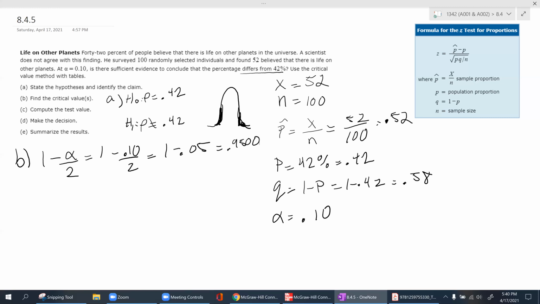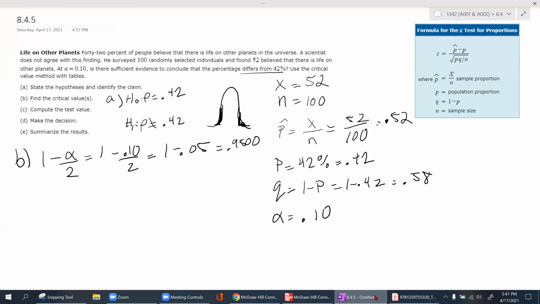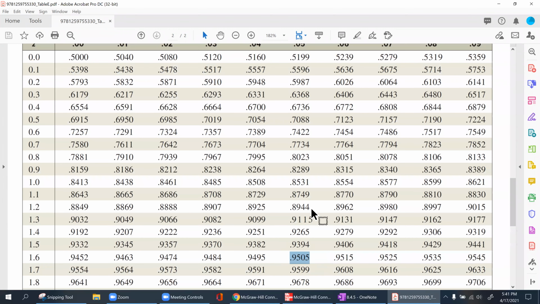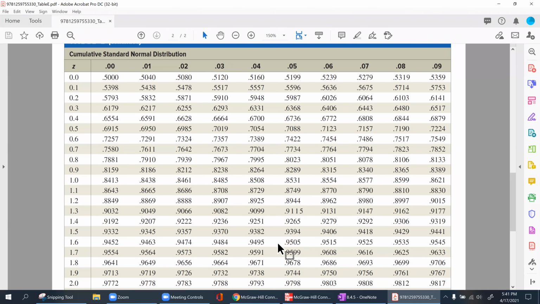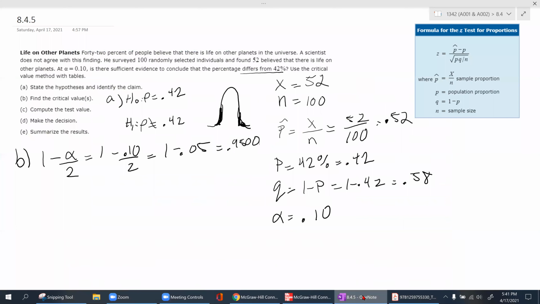And just like before, you're going to get your z table, table E, and find 0.9500 in there. You'd find that it's not exactly in between these two, but it is closer to the one on the left. So your z crit, your z value, is going to be 1.65. Leave that there.